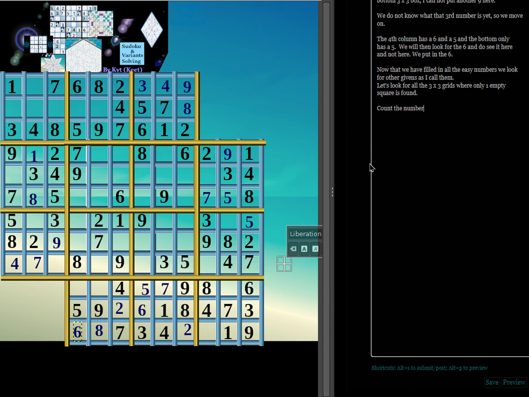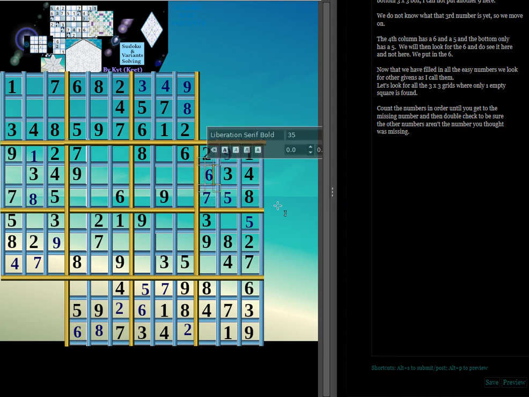Count the numbers in order until you get to the missing number, and then double check to be sure the other numbers aren't the number you thought was missing. 1, 2, 3, 4, 5, 6, 7, 8, 9.